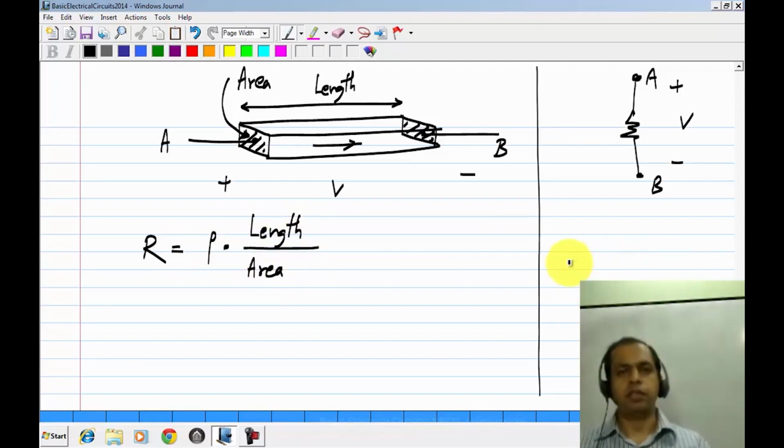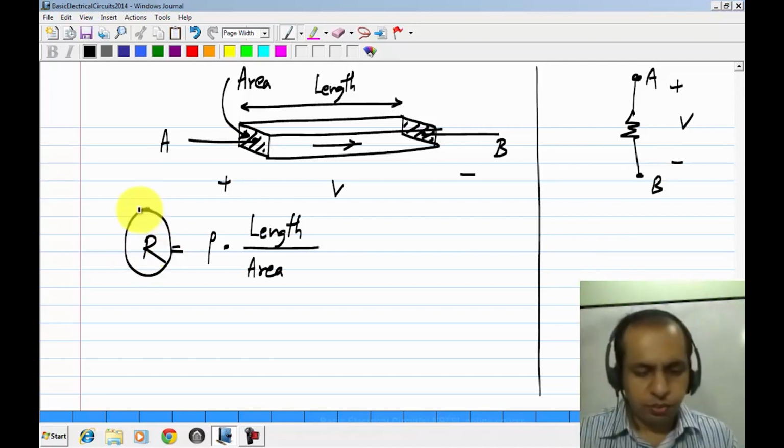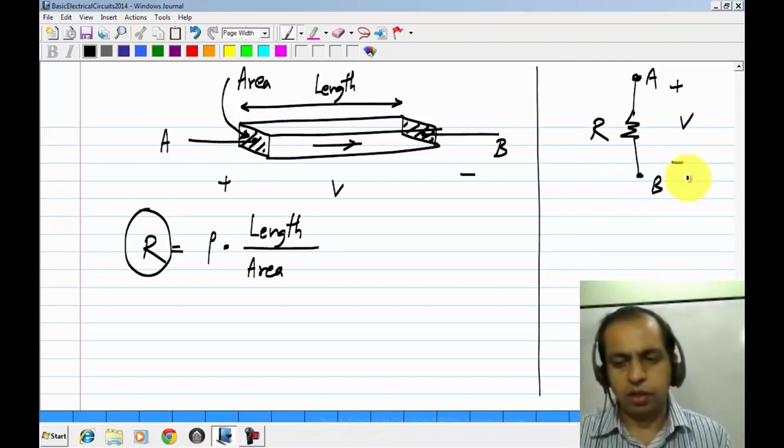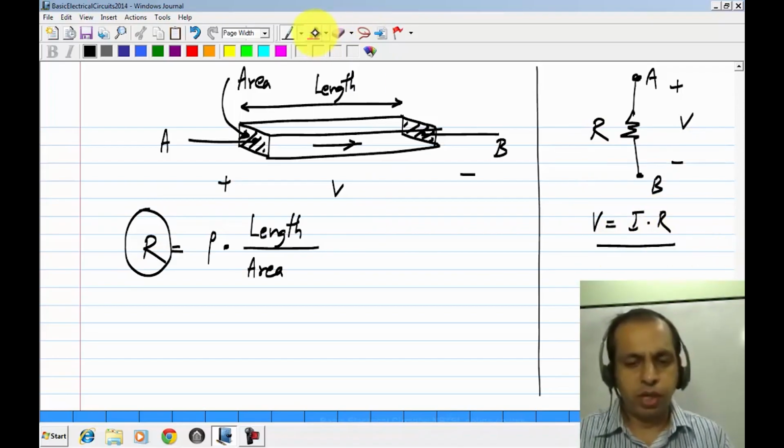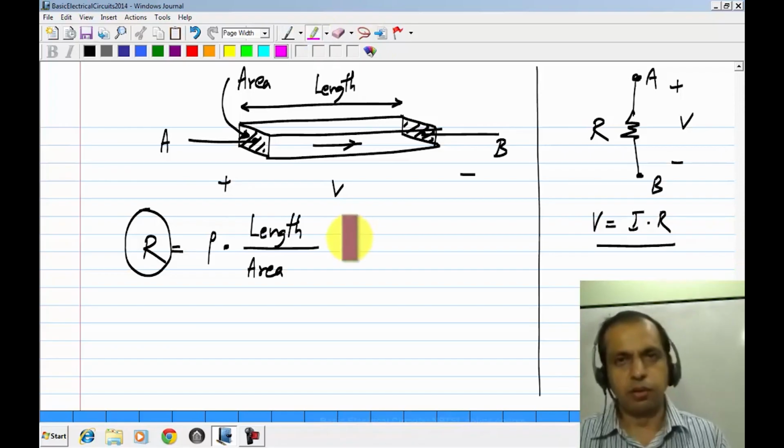Now, as I mentioned earlier while talking about circuits in general, we will not worry about these details. For us, the value of resistance is what is given. Once the value is given, all we need to use is the terminal relationship V equals I times R.